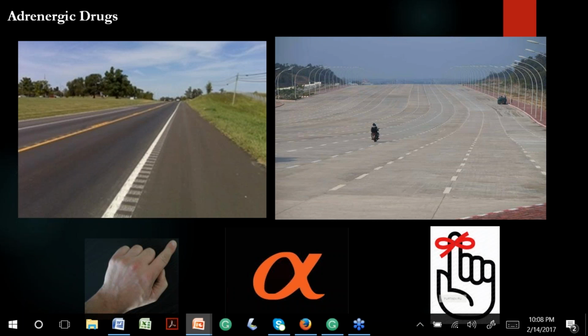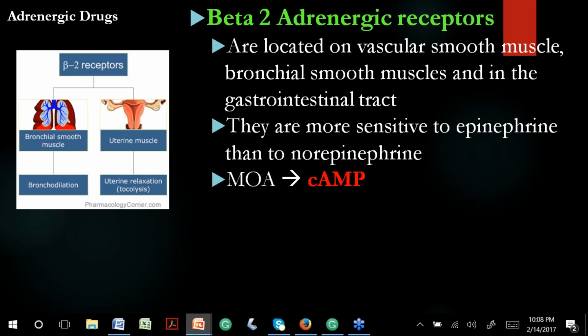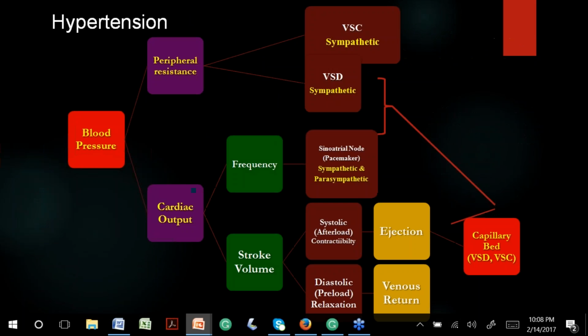For beta 2 we have bronchodilators, and there are no beta 2 blocker medications actually used in medicine. All right, so let's keep going and review here.